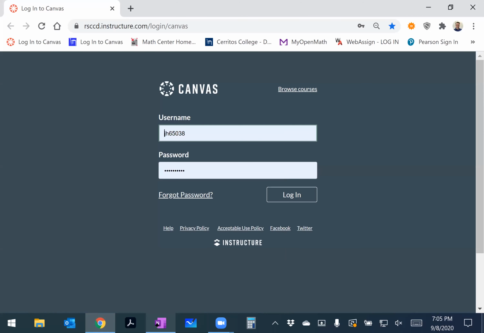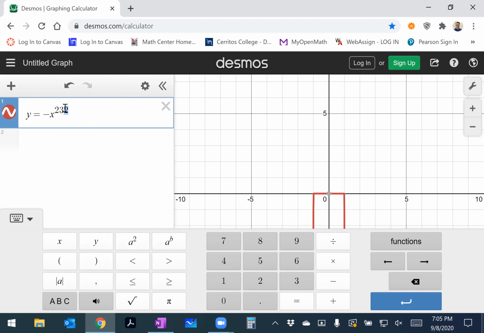The function was y equals negative x cubed plus 6x squared. I keep hitting the wrong thing. There we go.